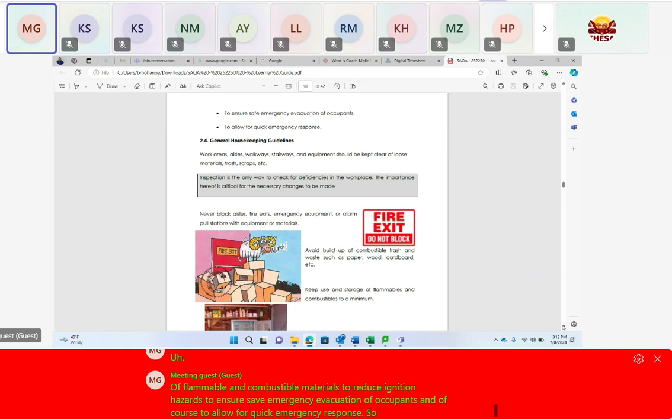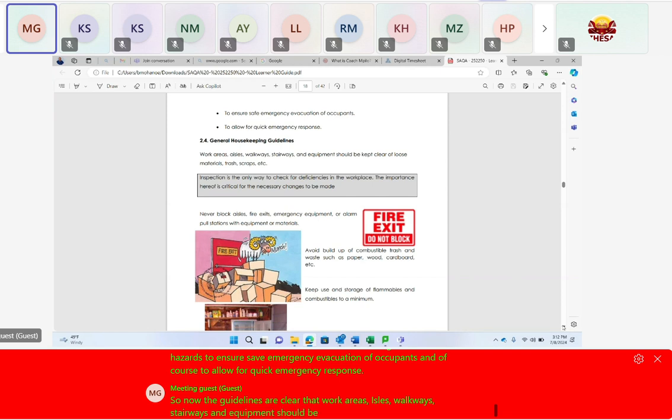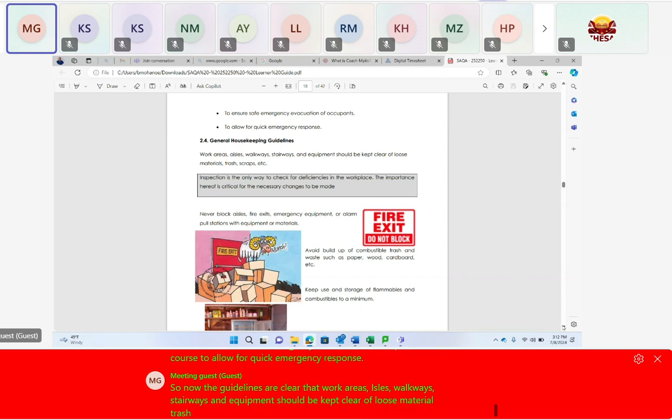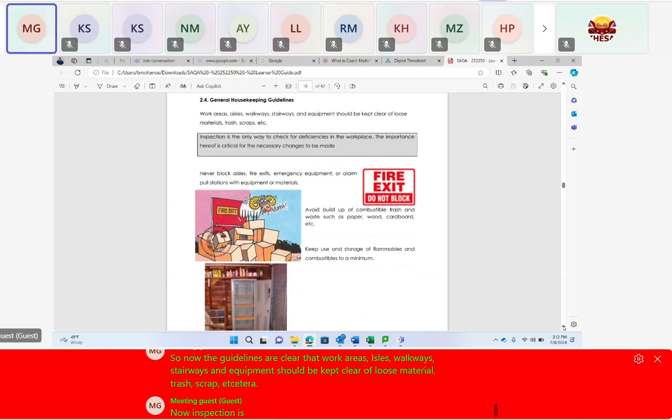The guidelines are clear that work areas, aisles, walkways, stairways, and equipment should be kept clear of loose material, trash, scrap, etc.